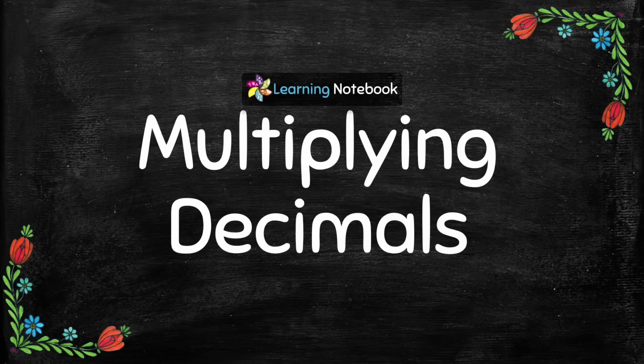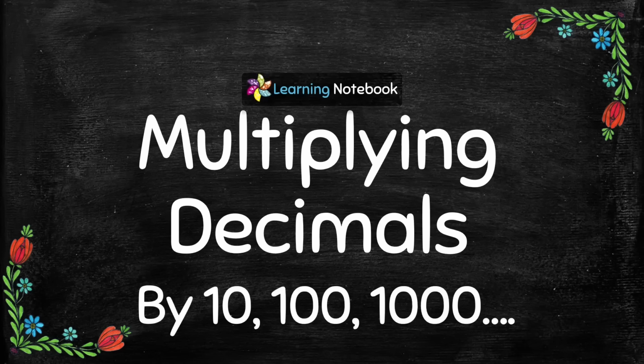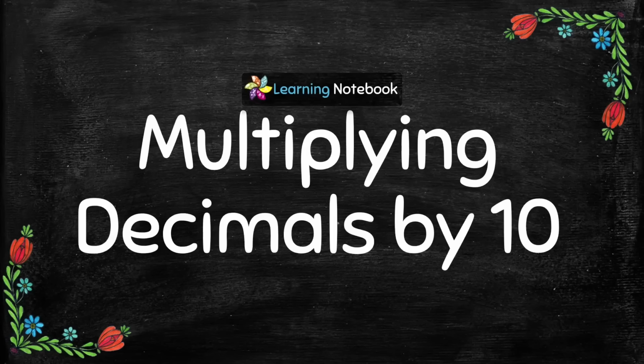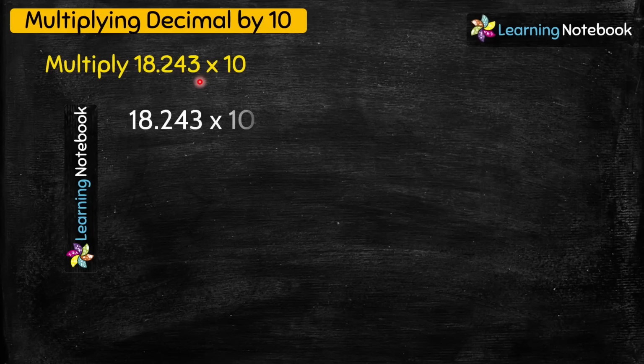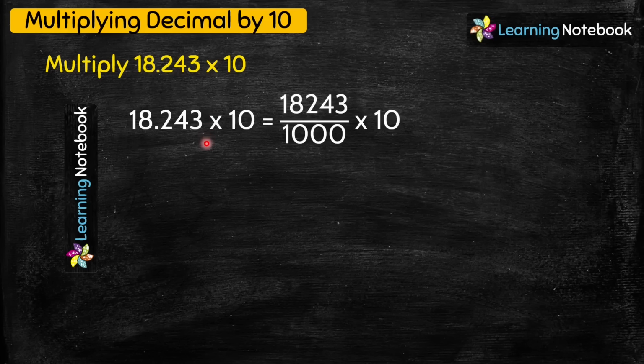Now let's see how to multiply decimals by 10, 100 or 1000. First, we will learn how to multiply decimals by 10. Question is, multiply 18.243 by 10. Students, to solve this, first we will convert decimal number into fraction. And we just learned how to do it.